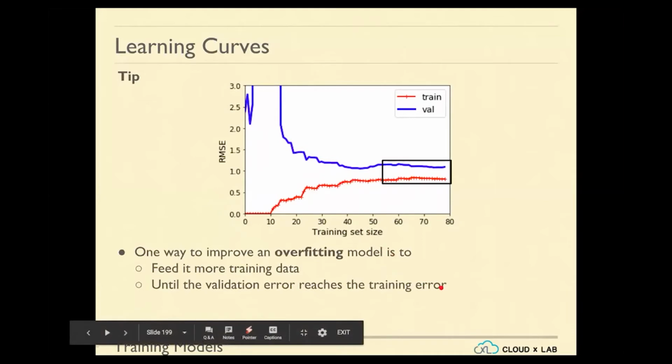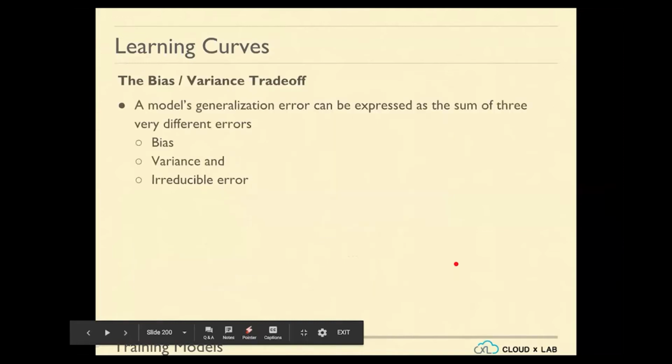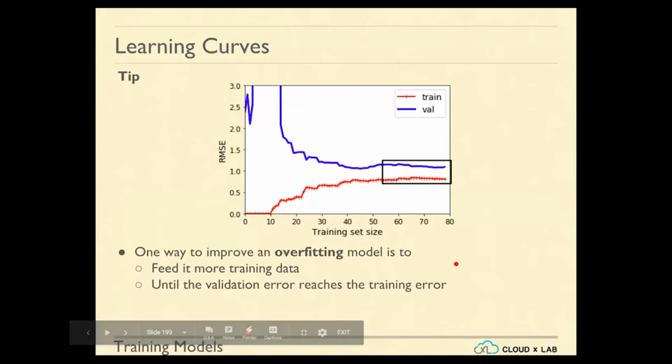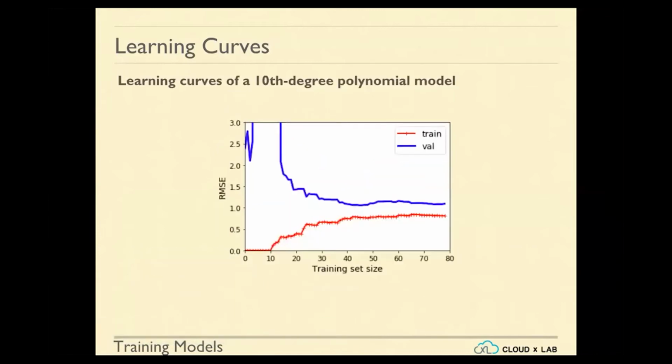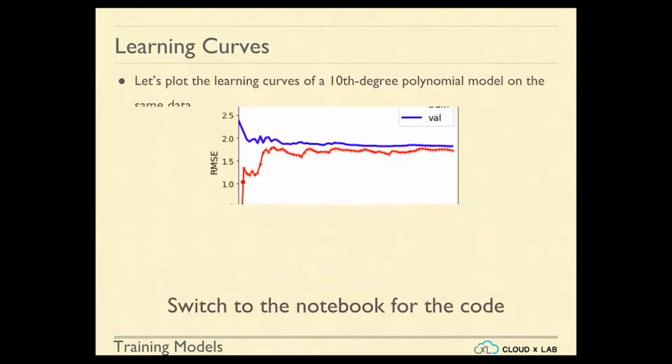One way to improve overfitting is to feed more training data, until the validation error reaches the training error. Now, what was the error earlier? Let me show you this one.